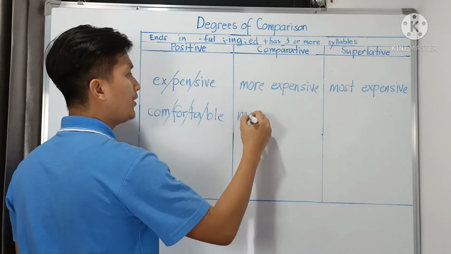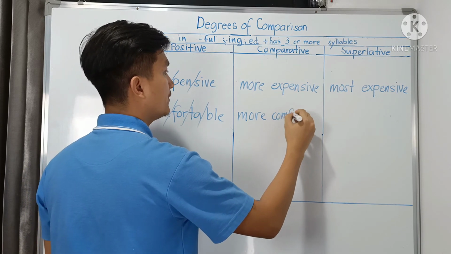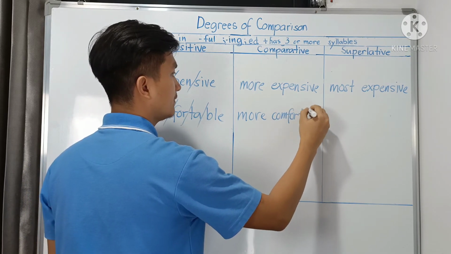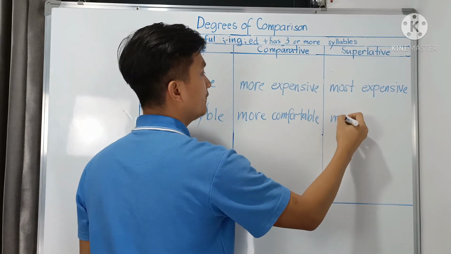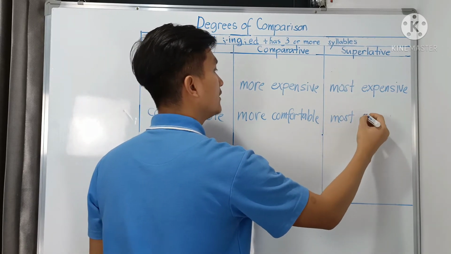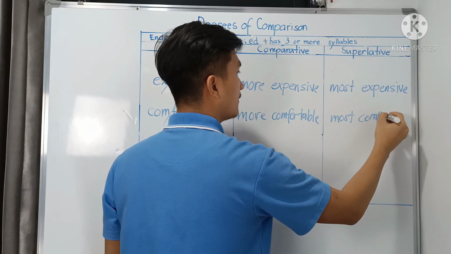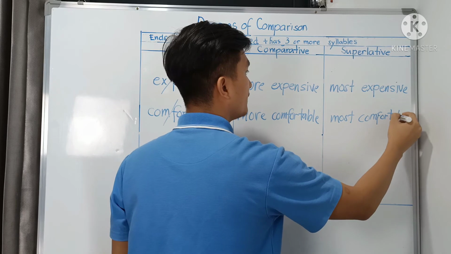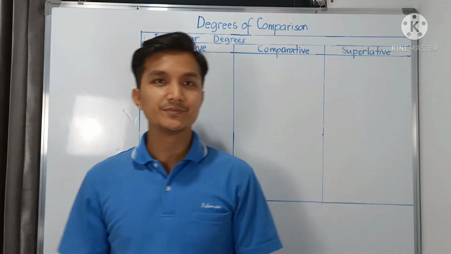So more comfortable. And here, the superlative form is most comfortable. All right, it's very easy, okay?